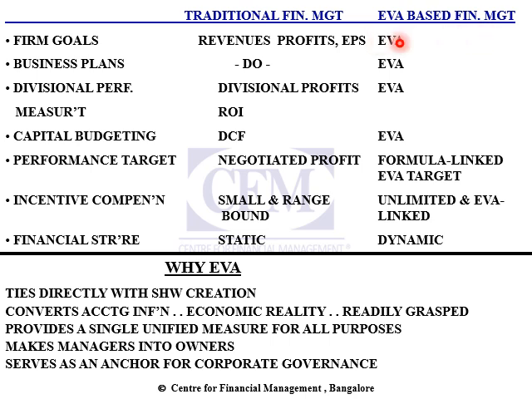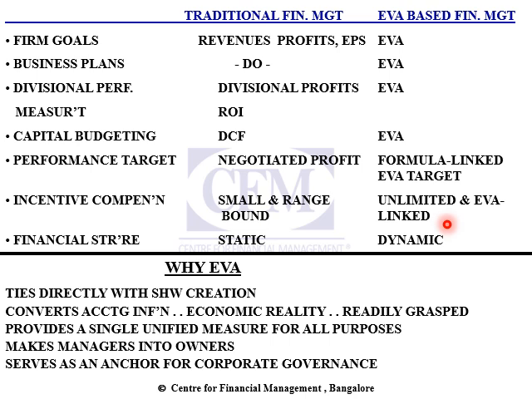In EVA-based financial management, EVA is used for all facets of financial management. Firm goals are defined in terms of EVA. Business plans are prepared in terms of EVA. Division performance is measured in terms of EVA. Capital budgeting is done in terms of EVA. Performance targets are formula linked EVA targets. Incentive compensation can be unlimited and is EVA linked, and capital structure is treated as a very dynamic thing.